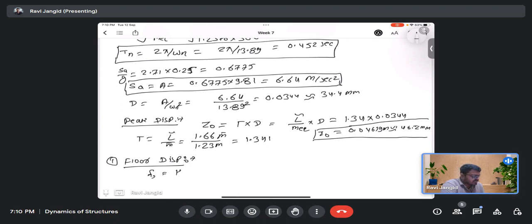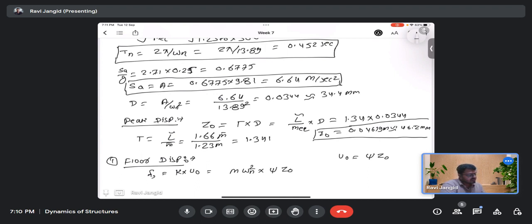You can determine K times u naught, and u naught for each floor is given as the shape function psi times z naught. And K is known to you as m omega n square.